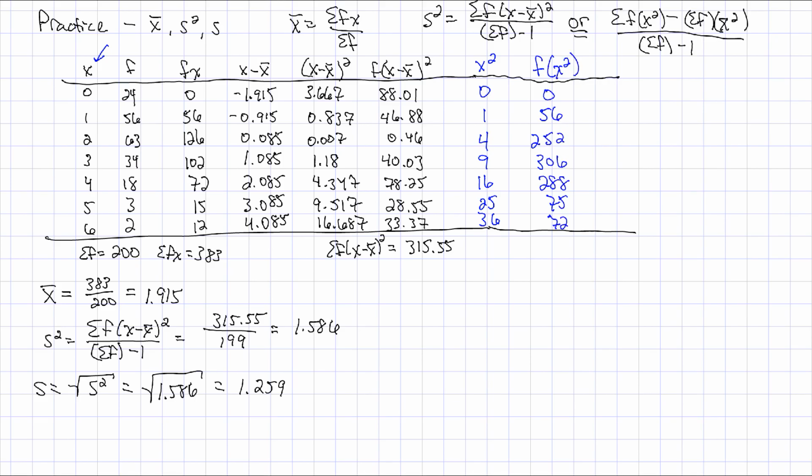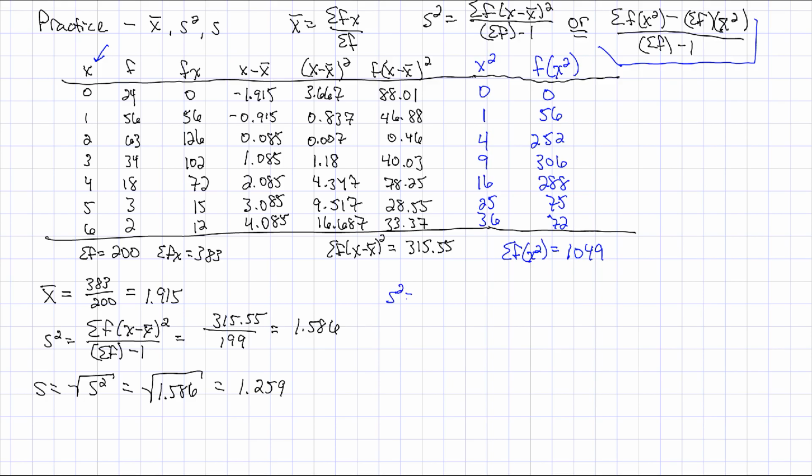Now note, these are whole numbers. We don't have to work with decimals. So if we add up this column, this is the sum of our f x squared values, and we get 1049. Then we can use this equation to calculate our variance.